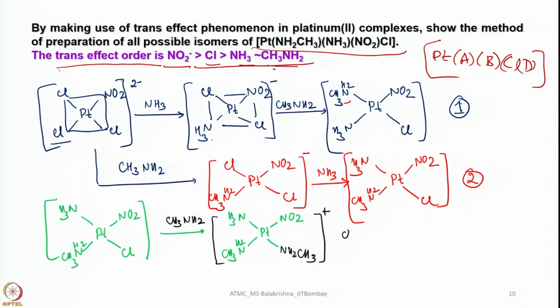Now we will add Cl. If we add it, we should tell where it goes. The next question is, if I am adding here, where does it go? Just go back to this one. Among all, NO2 minus is the strong trans directing group. Obviously this chloride should go to a position trans to NO2.